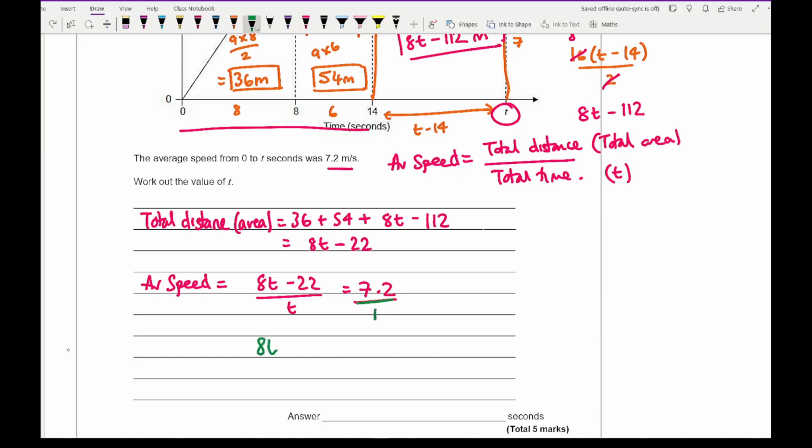So I've got 8t minus 22 equals 7.2t. So then from this I get 0.8t equals positive 22. So t equals 22 divided by 0.8, and if I type that into my calculator, I get an answer of 27.5.